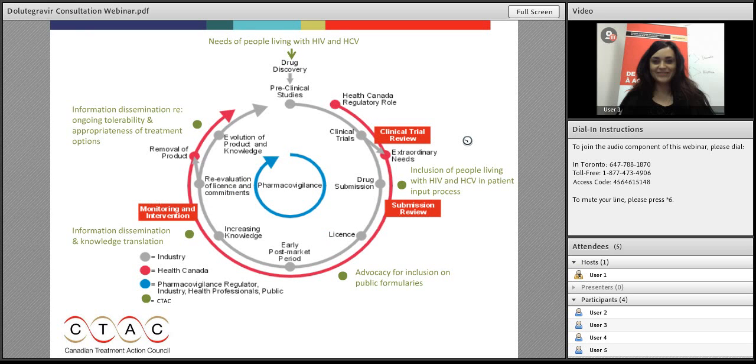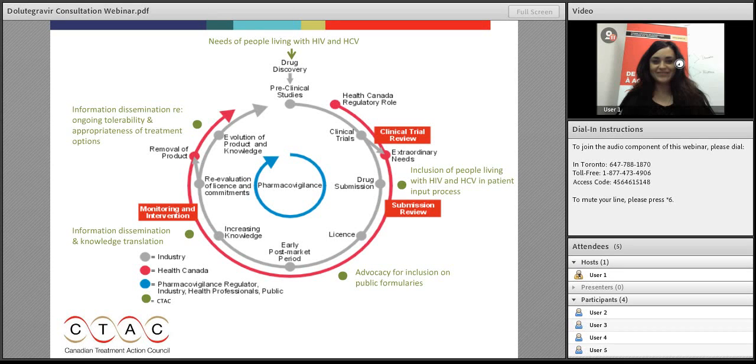So the following slide here represents the roles that various stakeholders, such as Health Canada and industry regulators, play from drug development phase all the way to drug dissemination. And the green circles that you could see along the diagram represent CTAC's involvement in informing market access in Canada.